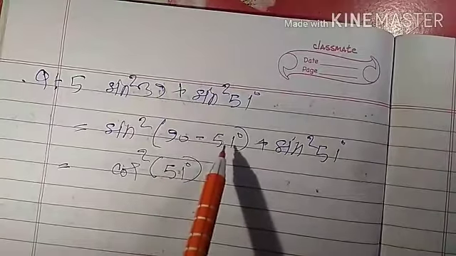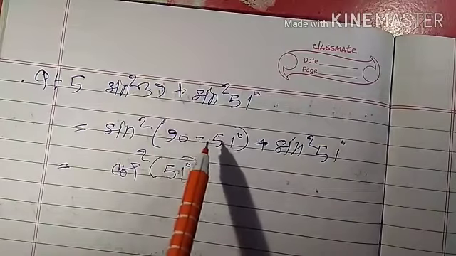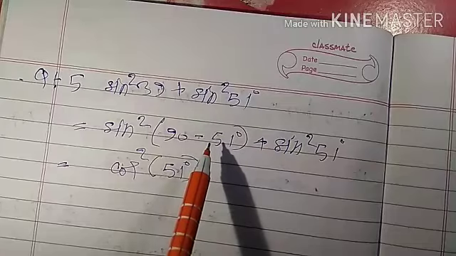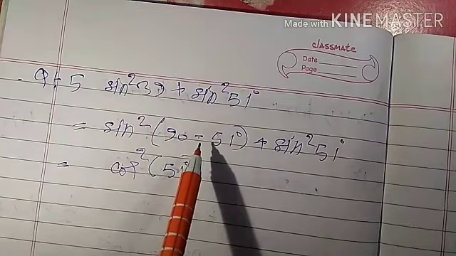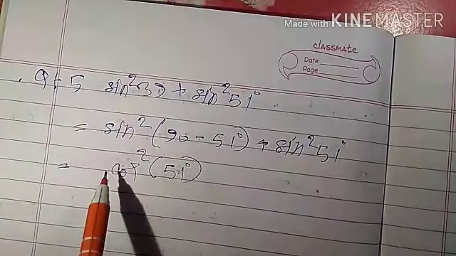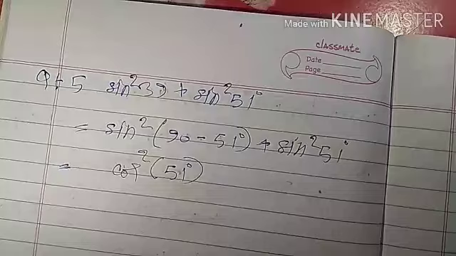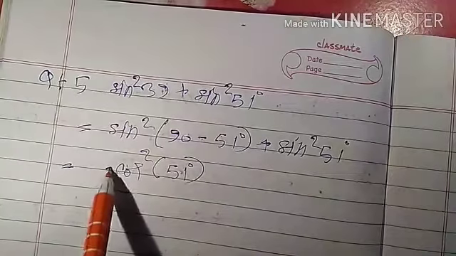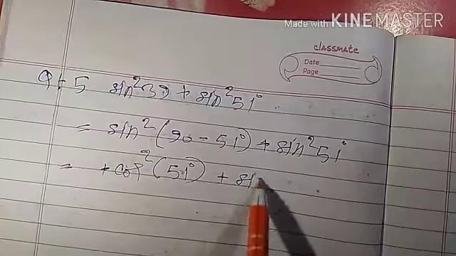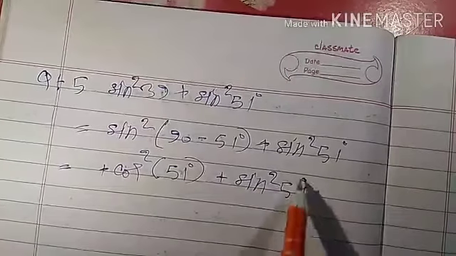And 90 − θ is in the first quadrant, and in the first quadrant all functions are positive, so we can write plus cos² 51° plus sin² 51°.